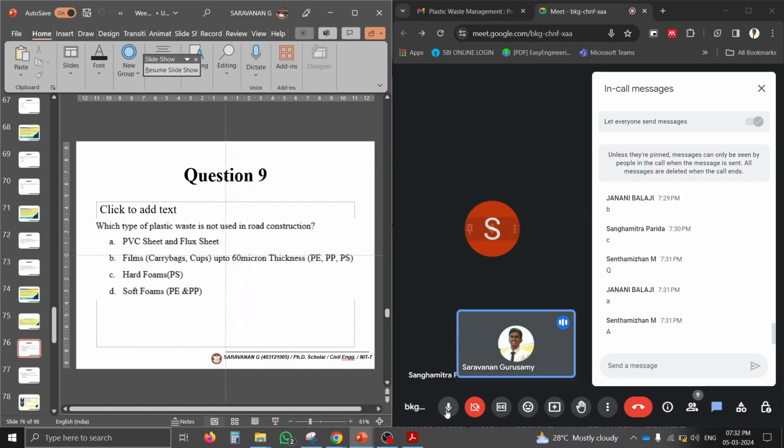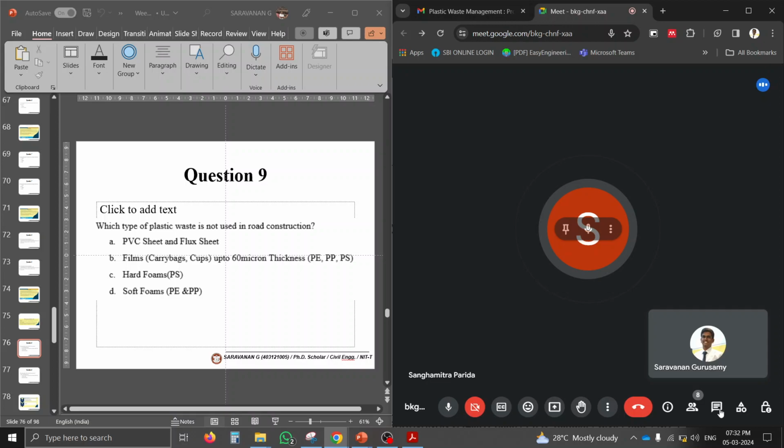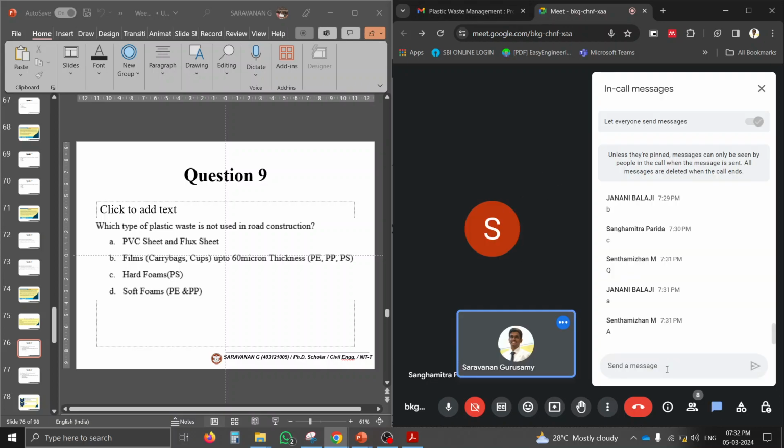Banners and all, that will be the flux sheet, like a polyester. I'll give you some examples in the next class. I'll post them in the discussion forum also, some images. So here PVC and flux sheets cannot be recycled.